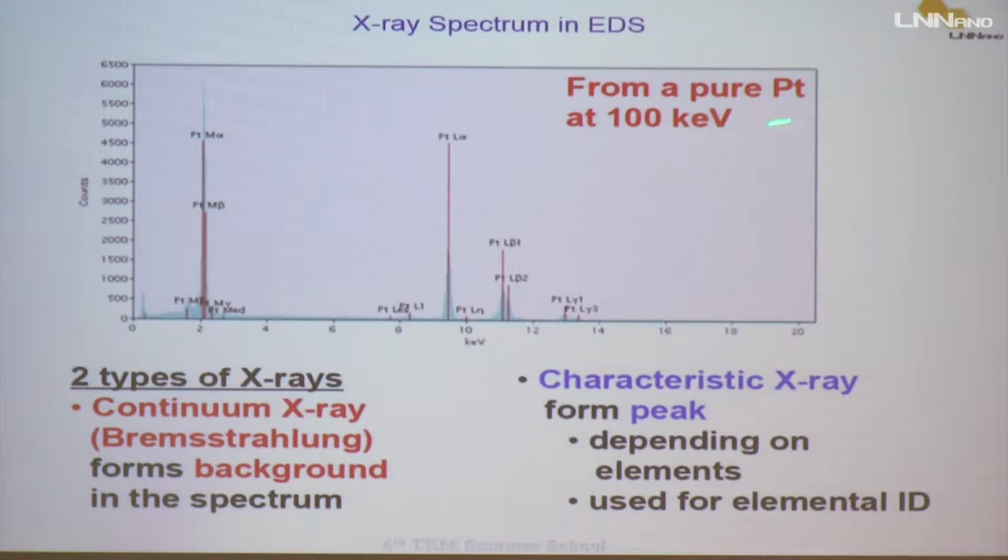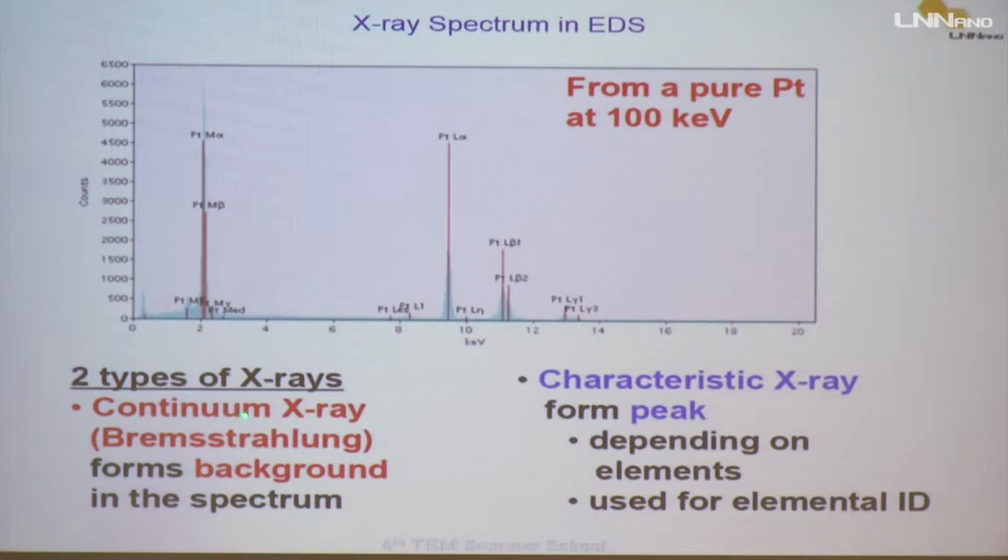This is from pure platinum, acquired at 100 kilo electron volts. Okay, we can see here two types of X-rays that are formed by the interaction of the electron beam with the material.